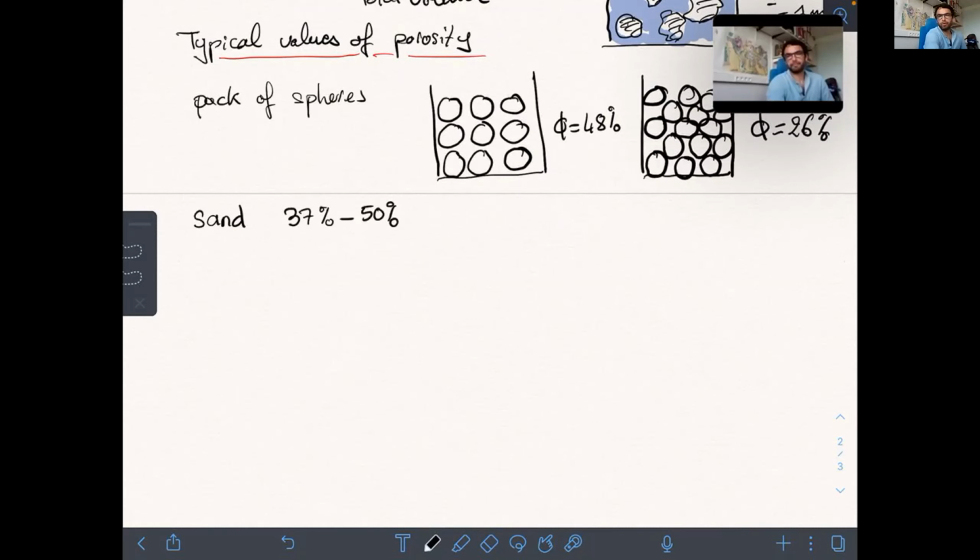By the way, do you know how porosity can be measured? What is a simple way to measure porosity? No ideas?